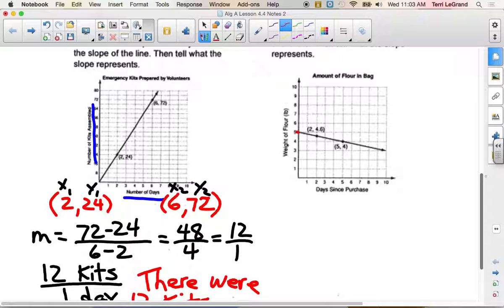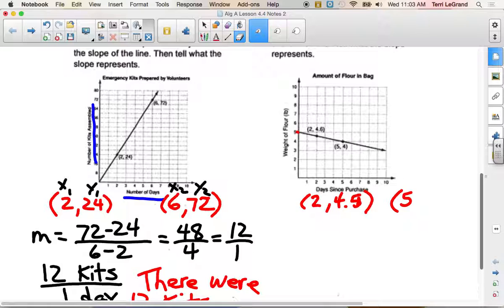Okay. So let's take our 2 ordered pairs. And I think we're learning that if we use the one that has the smaller x value as our first point, and the one that has the larger x value as our second point, maybe sometimes it just works out a little nicer. So 2 and 4.6.